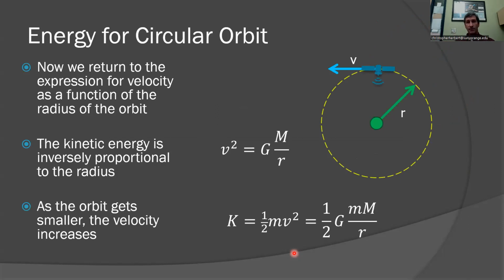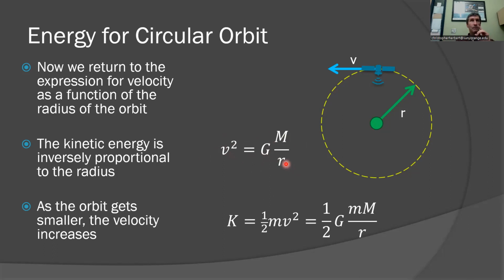Now, talking about the energy of the orbit, we've already said that the velocity decreases as the radius becomes larger and larger. What this means is, as I get into a larger and larger orbit, the kinetic energy is going to decrease inversely proportional to the radius.